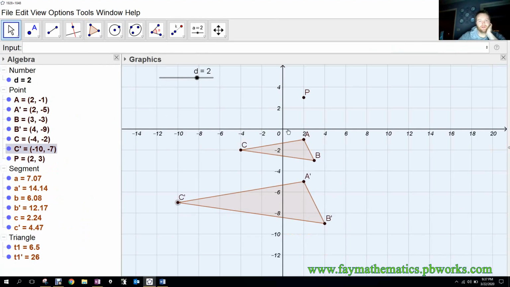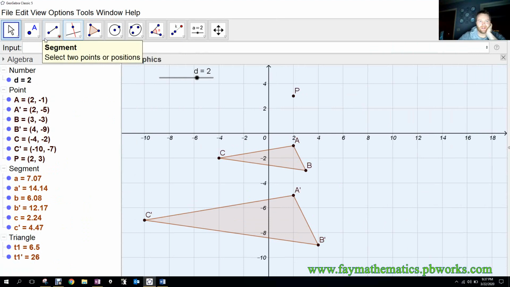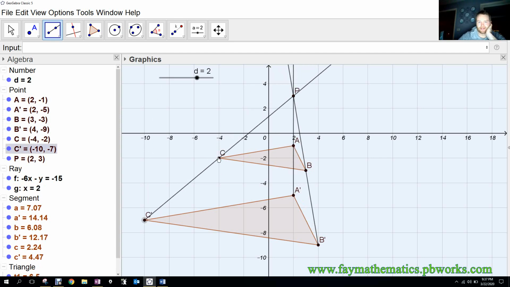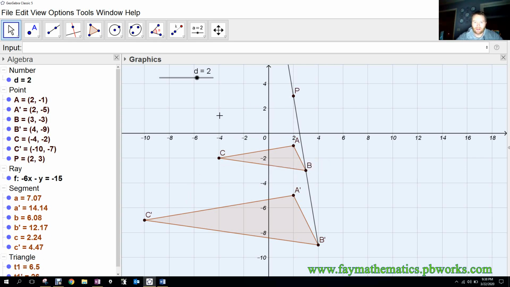Something to look at and visualize here is if we were to take a ray from B prime back to B, notice it passes through P. A prime back to A also passes through P, and C prime back to C also passes through P. And that's the feature of dilations: when you connect corresponding vertices, we get that segment to go through the center of dilation.